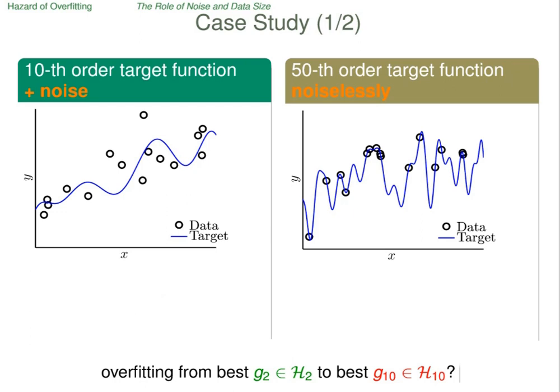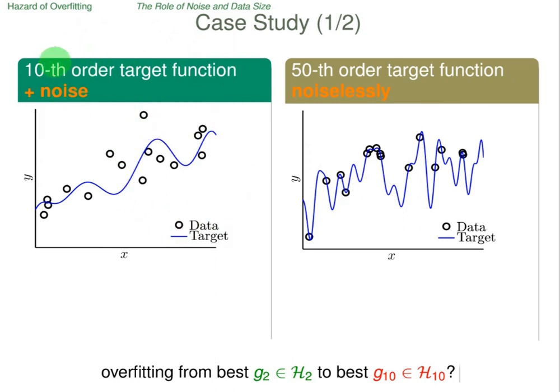And if you learn a hypothesis from noisy data, the out-of-sample error will be bad as it tries to extrapolate from the in-sample noise. Okay, so let's consider two different target functions as shown here, with accompanying data points generated by these targets. The first one, on the left, is a simpler 10th order polynomial, but has noise involved.